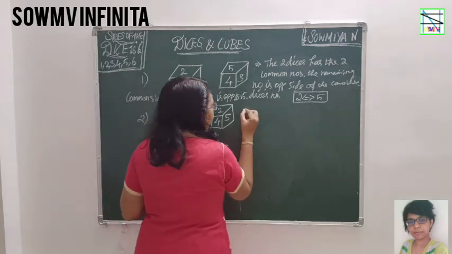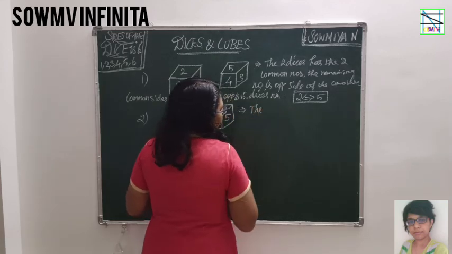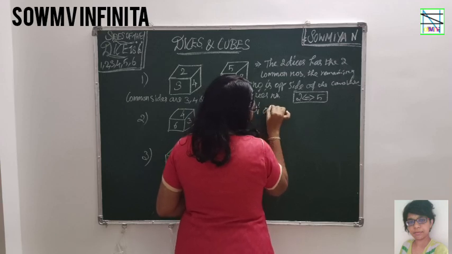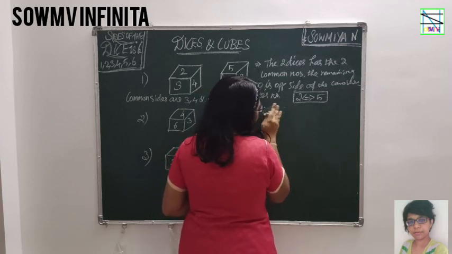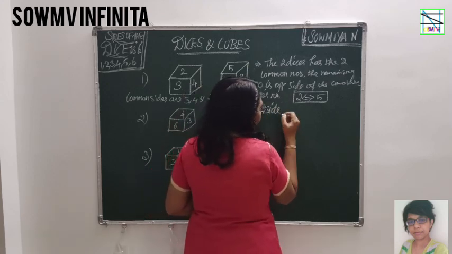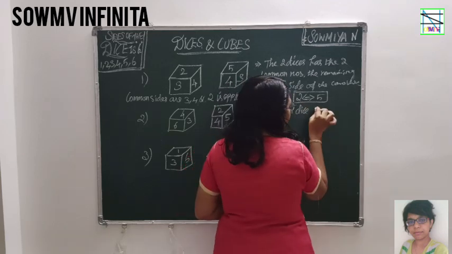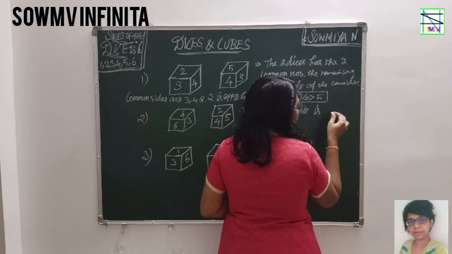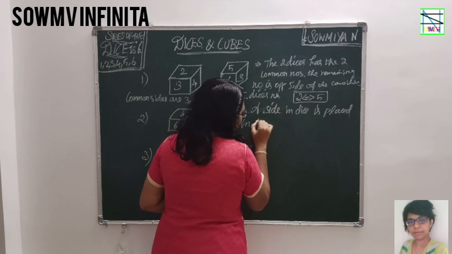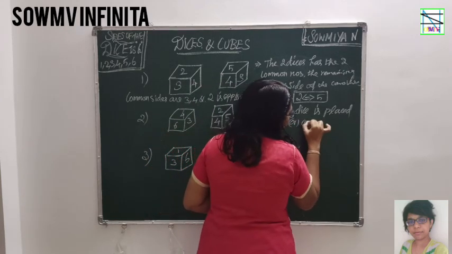So first I can write: one side in a dice is placed in clockwise or anti-clockwise in another dice.